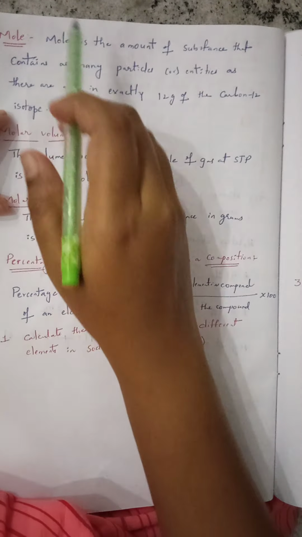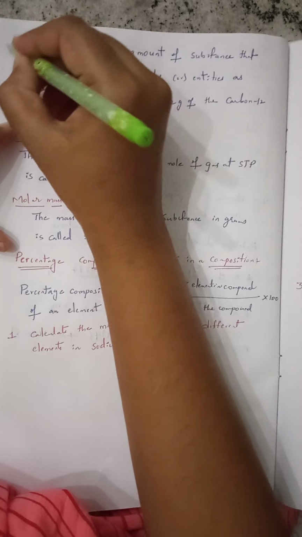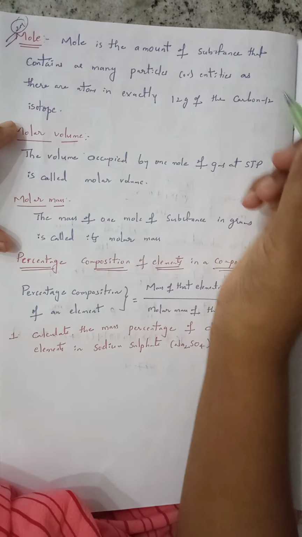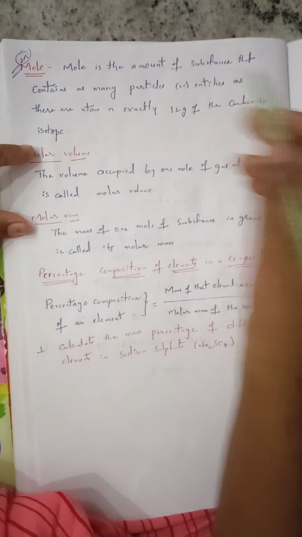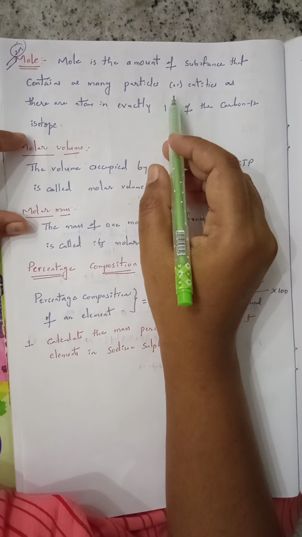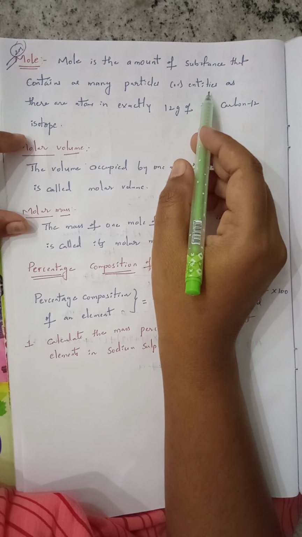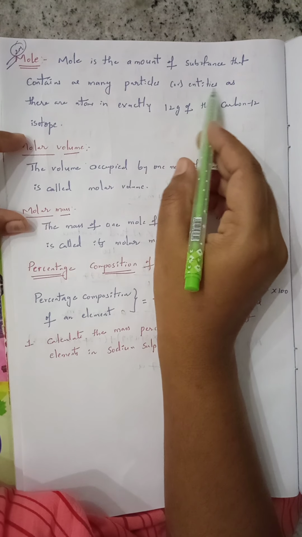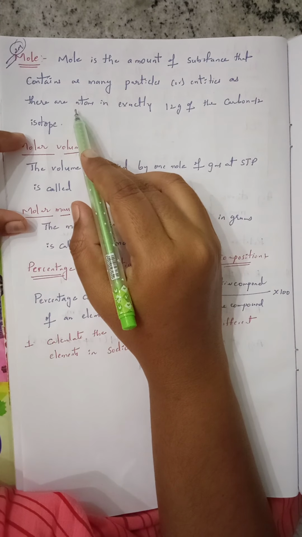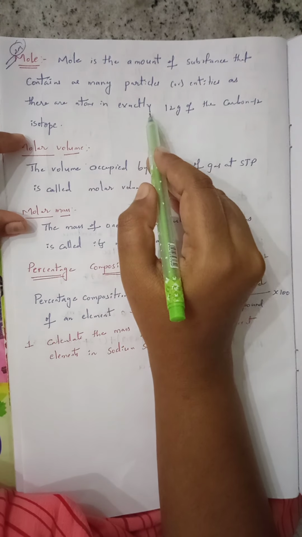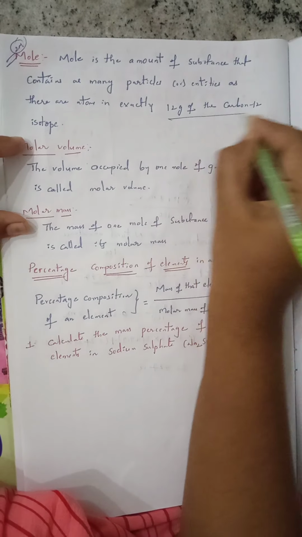Now our next concept is about mole. It is very important for 2 marks. Listen carefully. What is mole? Mole is the amount of substance that contains as many particles or entities as there are atoms in exactly 12 grams of carbon 12 isotope.